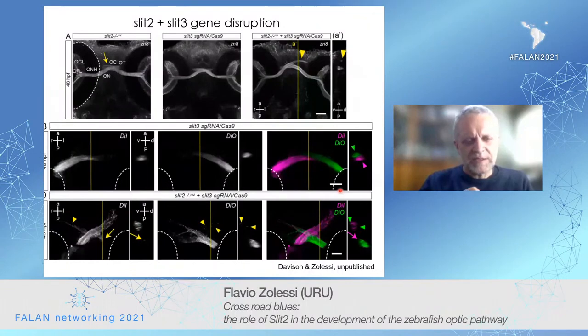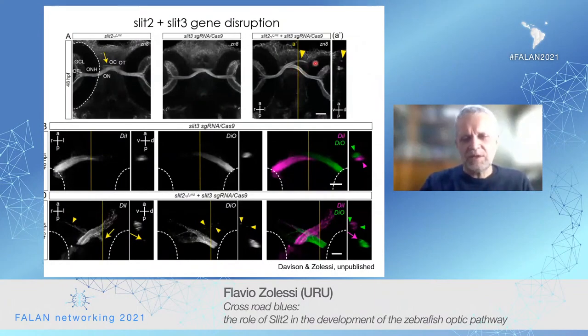So Camila used CRISPR-Cas9 technology to inject embryos that were in the slit2 background, so slit2 maternal zygotic mutants, which we know in a great proportion have this split optic nerve. This is a phenotype we see here. She injected slit3 guide RNA together with Cas9. When doing it alone in a wild type background, there is no phenotype. So slit3 doesn't seem to give any phenotype at the level of the chiasm.